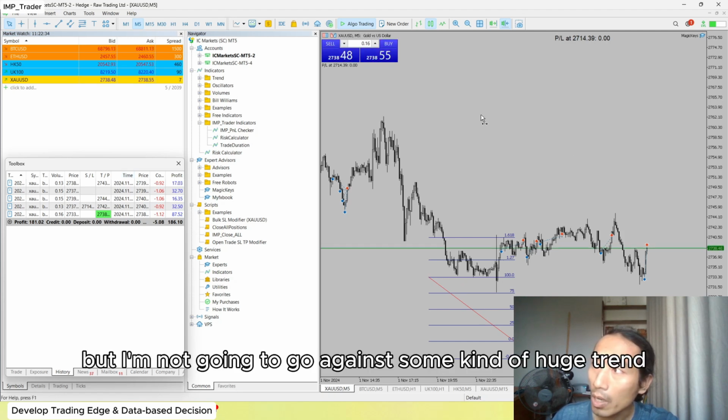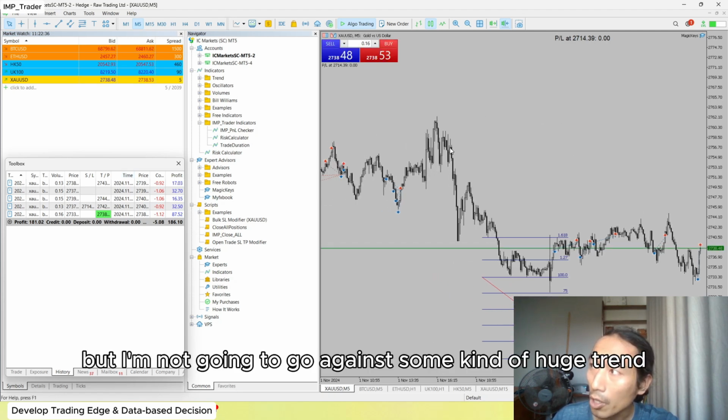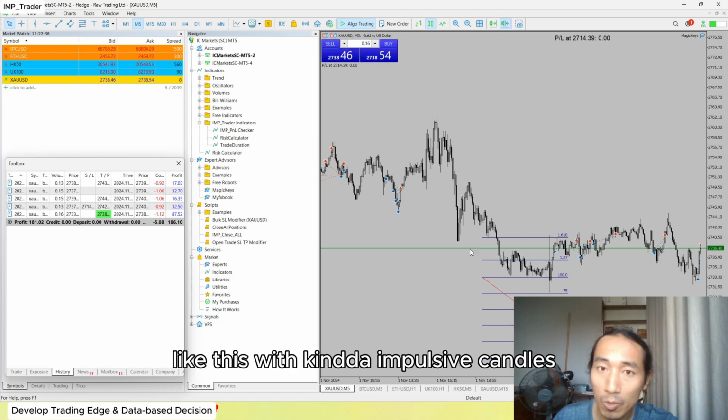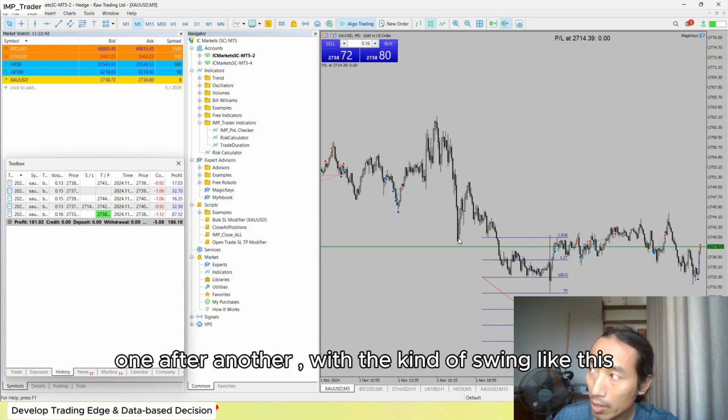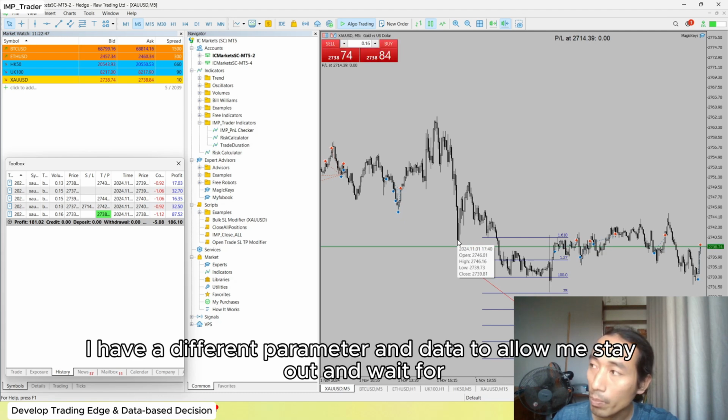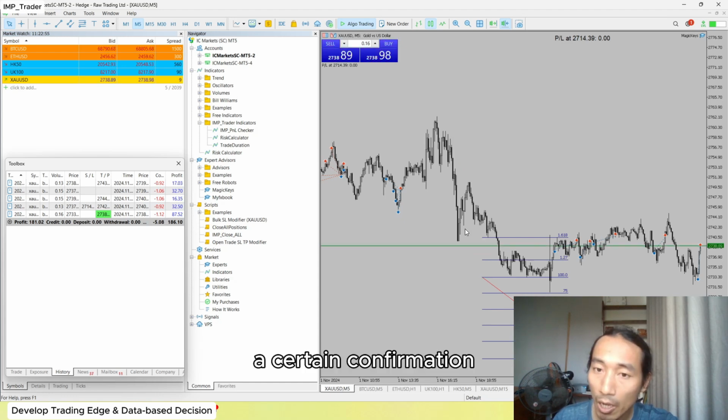But I'm not going to go against some kind of huge trend like this, with impulsive candles one after another. With a swing like this, I have different parameters and data that allow me to stay out and wait for a certain confirmation.